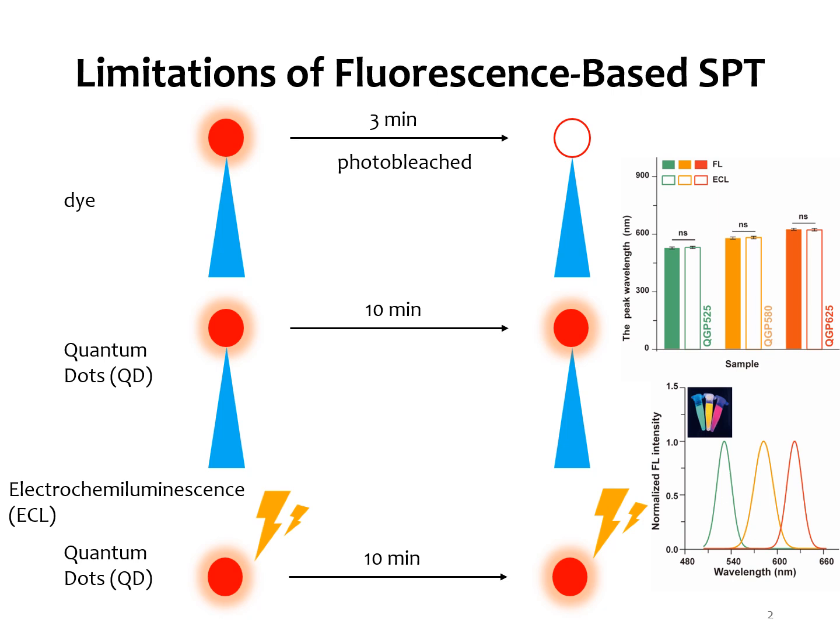Among fluorescence materials, organic dyes are the most commonly used. They can be excited by laser to emit light at specific wavelengths but suffer from photobleaching.